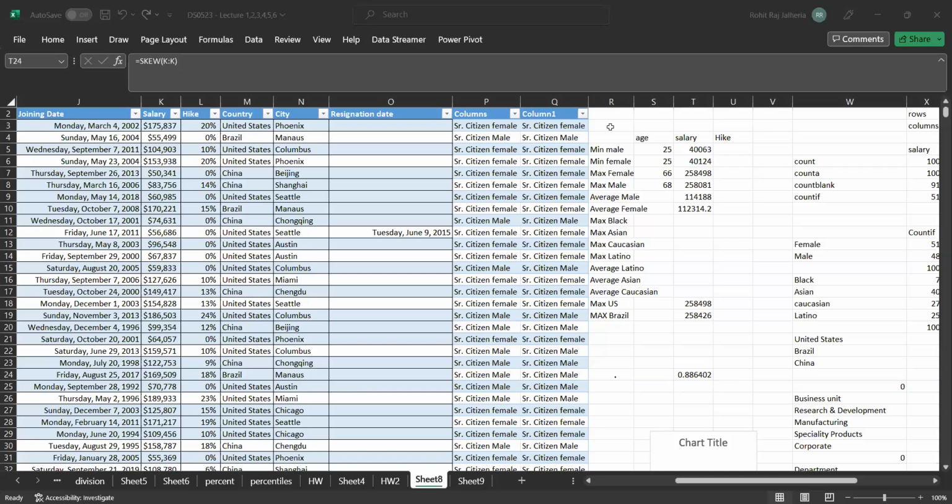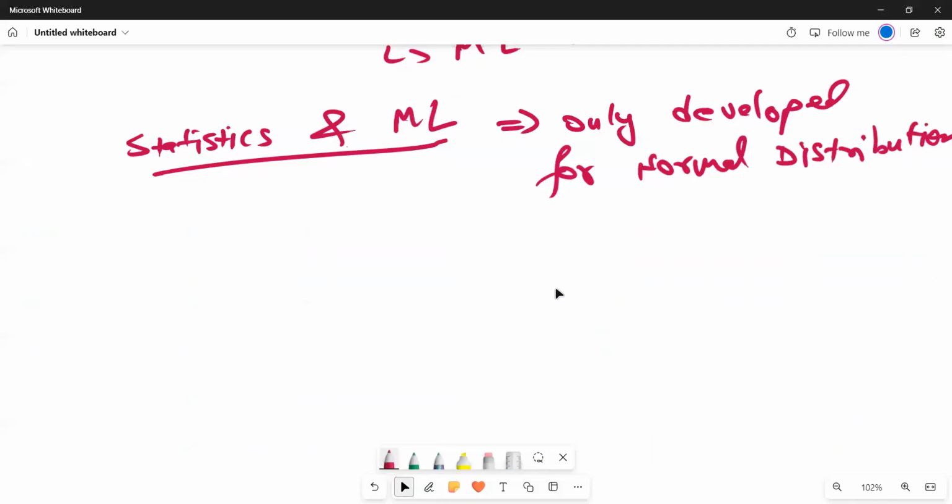And you can only calculate skewness, or basically all the moments, right? You can only calculate skewness, kurtosis, mean, or let's say the variance of the data only on the numerical columns, only on continuous data. You cannot calculate on categorical data.